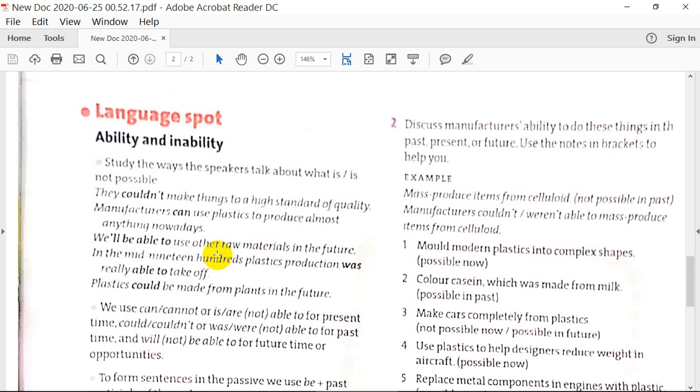In the future, I will be able to study a PhD after I finish my master's degree. So these are examples about will be able to. We will be able to use other raw materials in the future. So this is will be able to. We use it with the future.